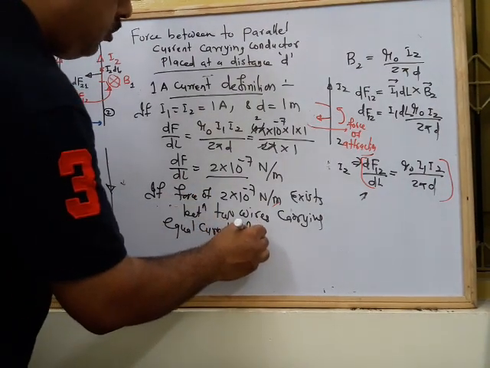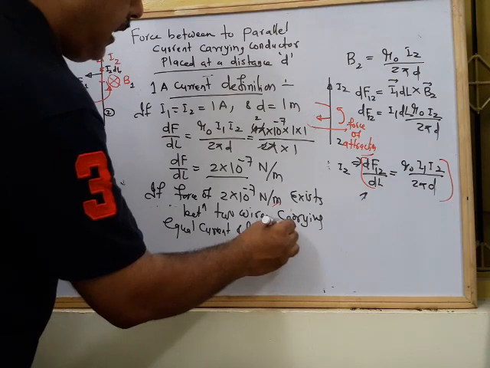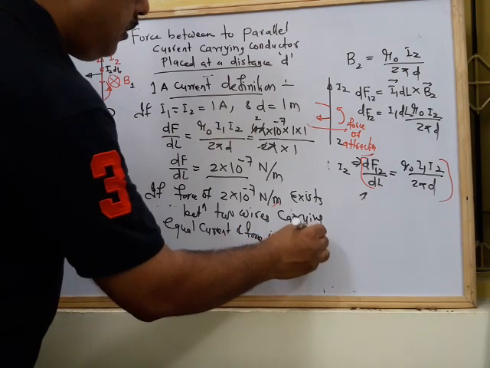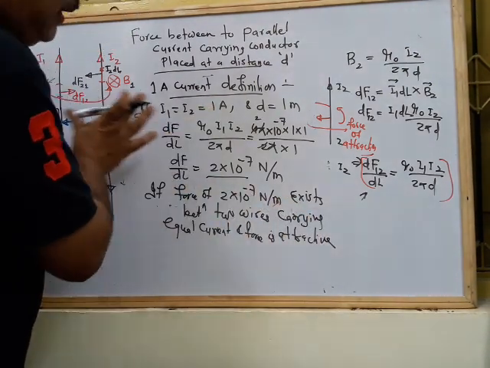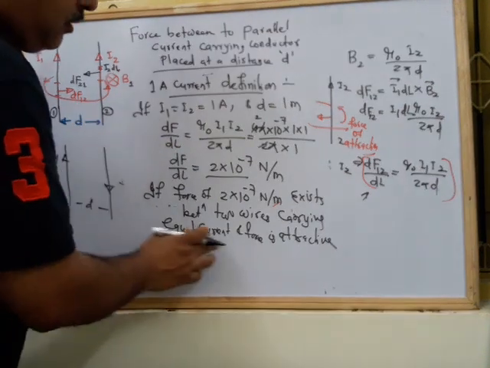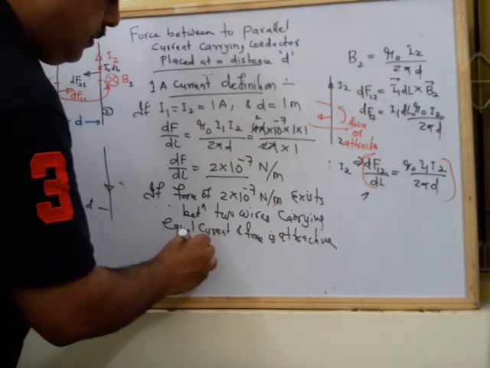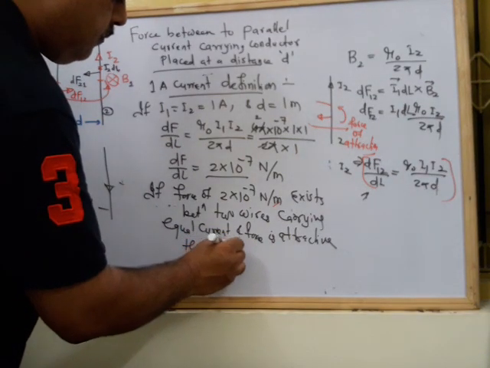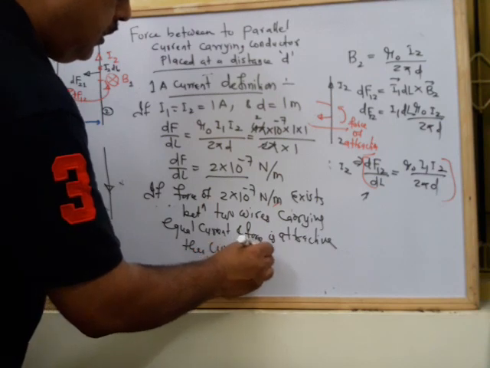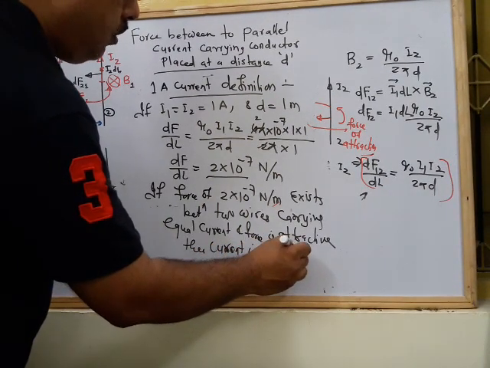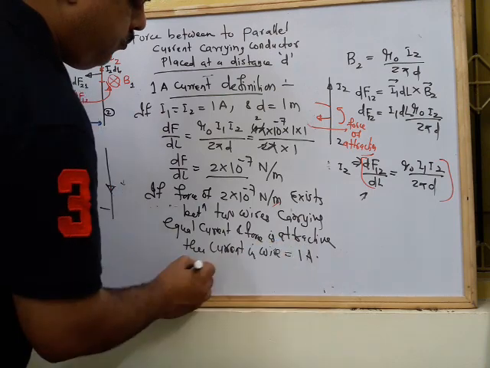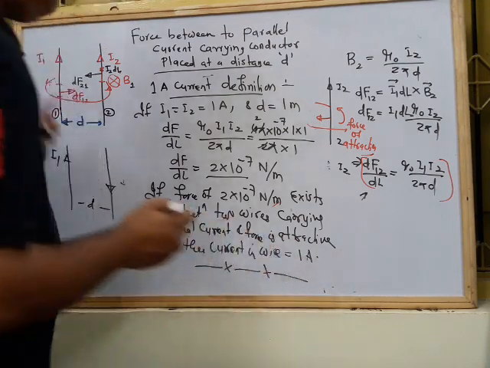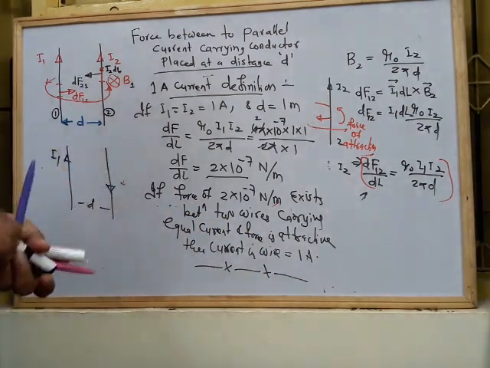Force is attractive, or you can say two wires are getting attraction, force is attractive, then current in wire is equal to 1 ampere. Followed or not? So this is all about the force of attraction or repulsion between the wires.